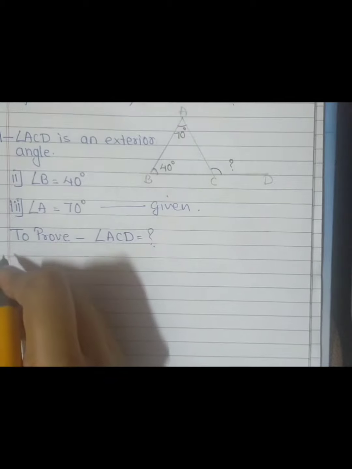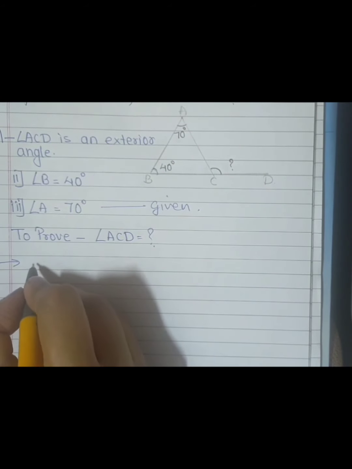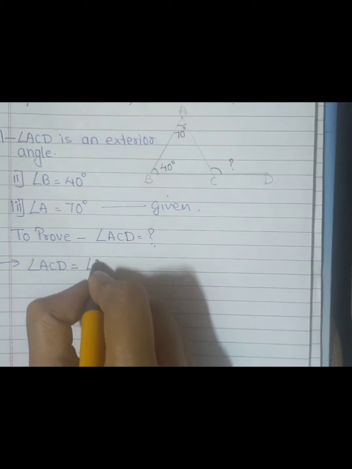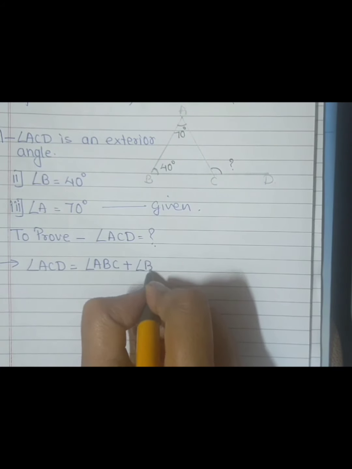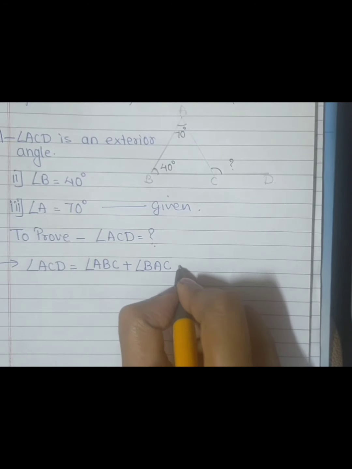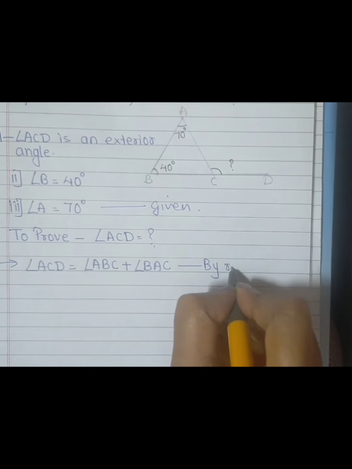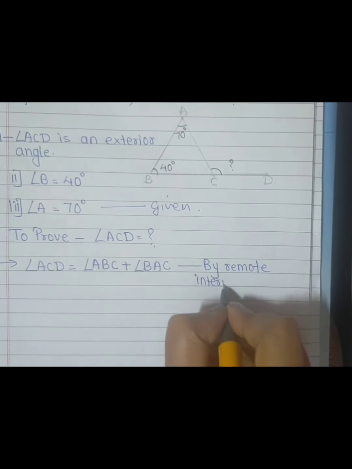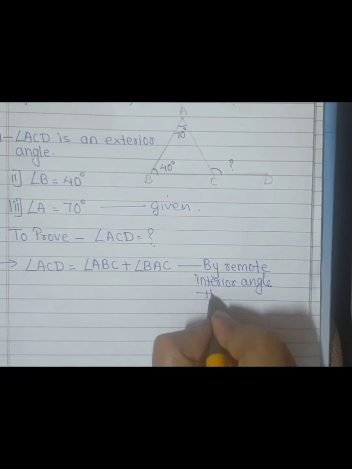Now we'll start with solution. So I'm writing here angle ACD is equal to angle ABC plus BAC. Okay, it is proved by remote interior angle theorem.